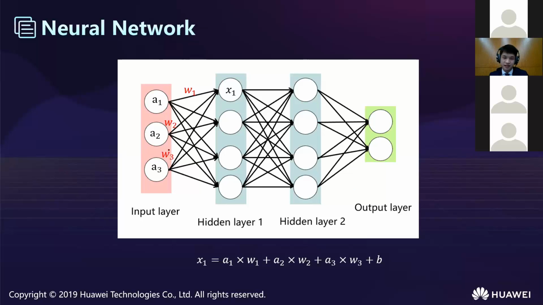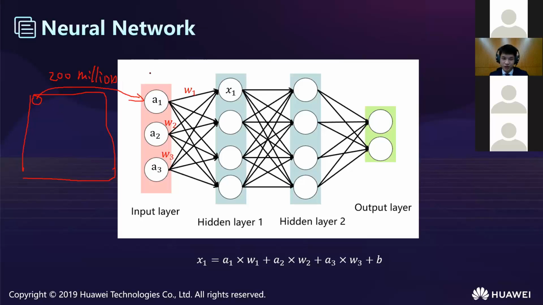If today the input layer is a very big image, for example, the image has, for example, 20 million pixels. And we need to use one neuron to store 1 pixel.